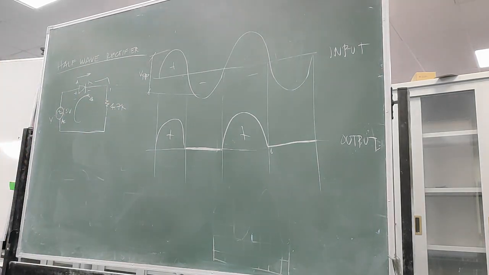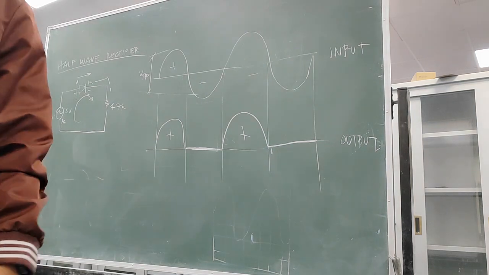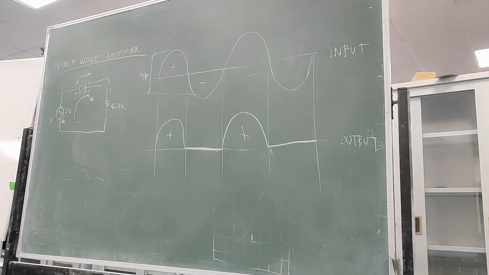There's a mistake in the table, step number 4. It says draw the waveform of B out. It's not B out, it's B in, because we are talking about B in. This step should be about B in.